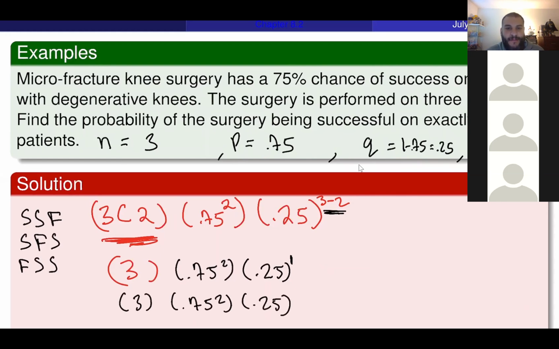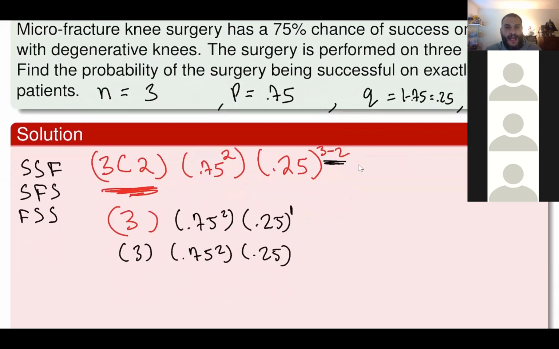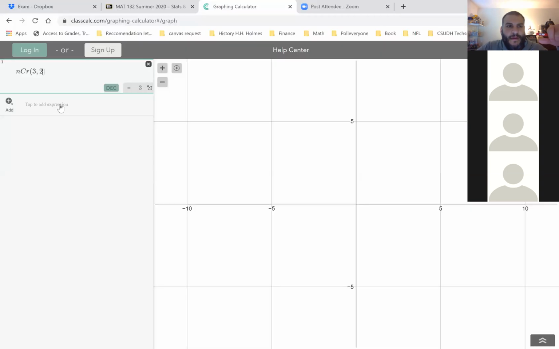Up next, I'm going to go over to ClassCalc and do this calculation, and that should be it for that. So in ClassCalc, we're going to say 3, and then multiply, and if you want, you can use parentheses. Then 0.75.